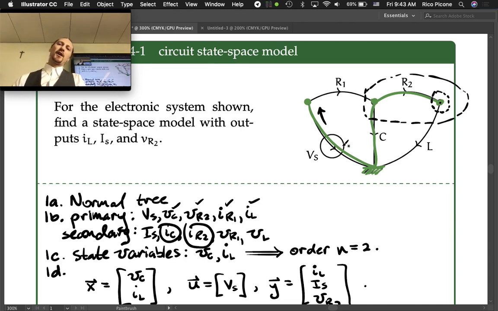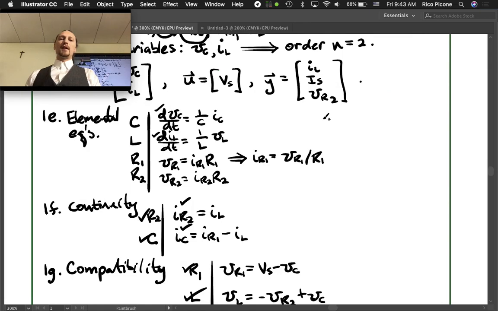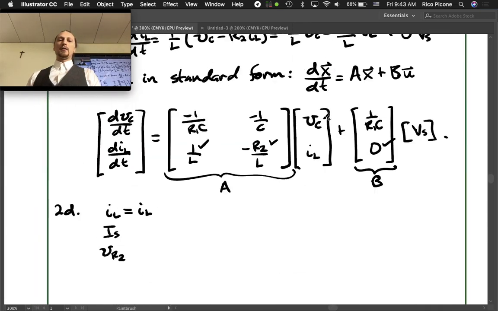So its current, IS, is going this way. So if you did a little contour around that node and did a continuity equation, or just thought in terms of KCL, which is equivalent, then we see that IS is just equal to IR1, right? Okay, so IS is going into the node, IR1 is coming out. So IS is equal to IR1.